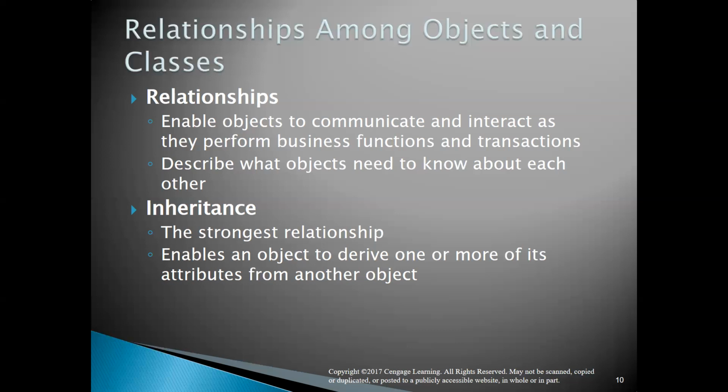Now, how are they similar? The similar thing is relationship, connection or interconnection. Inheritance cannot be formed unless you have a relationship first, because you cannot have one or more objects derived from another object unless there's some form of relationship.